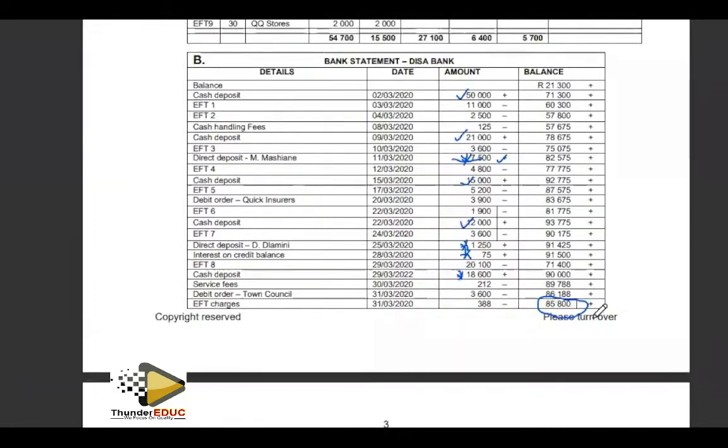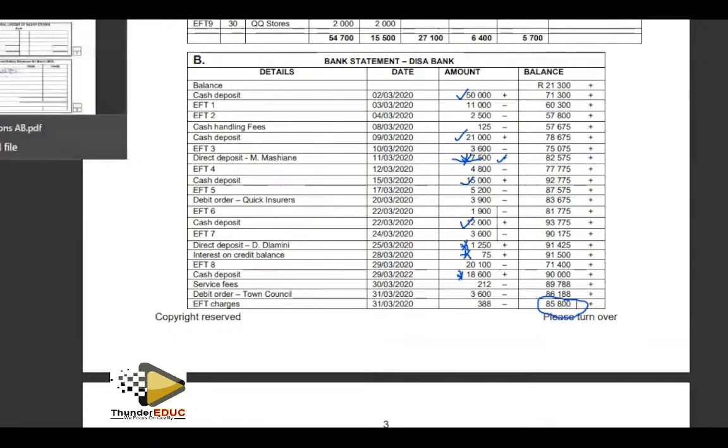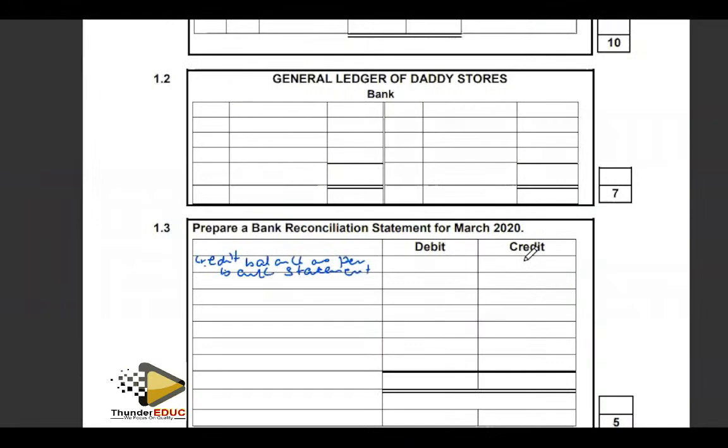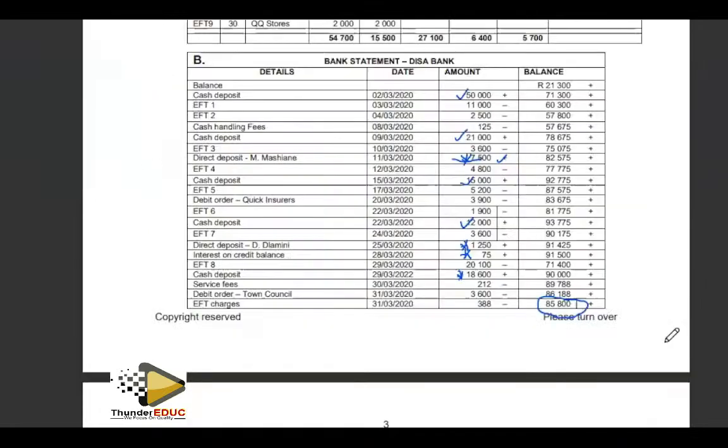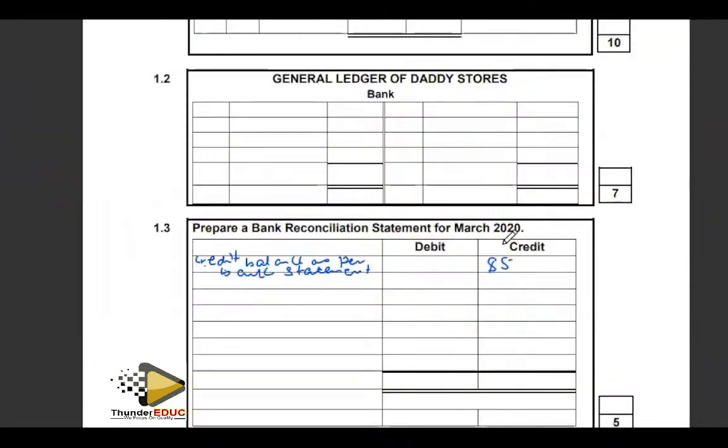We get the credit balance from 85,800, okay? This is our credit balance. So it's what I'm going to start with in the reconciliation. So it's a credit balance, so I'm going to write 85,800. Okay, that is what I'm going to start with here.